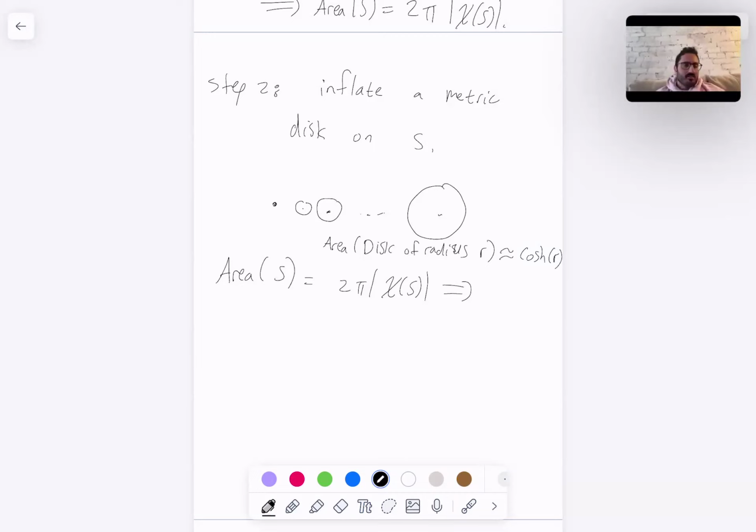It depends exponentially on r, but whatever. There's some formula you can look up. So since the area of S is 2 pi chi of S, it implies that any ball of radius much bigger than the log of chi of S is not embedded.